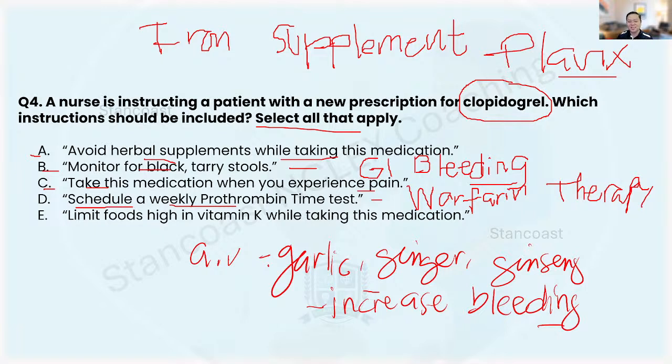They don't need that testing because the clopidogrel doesn't have that therapeutic level lab value. We're only going to know if there is bleeding, or a massive bleeding, or a drop in the blood count. So we're going to have to determine that by their red blood cell count, hemoglobin, platelet. But as far as prothrombin time, no, it doesn't test that.